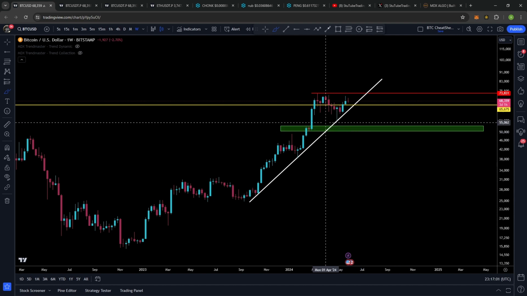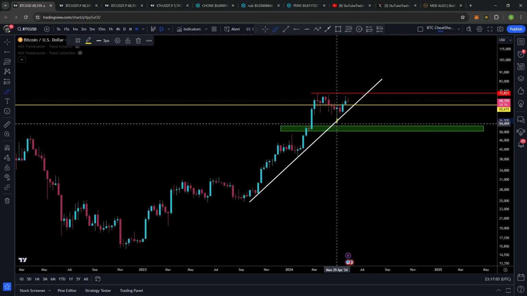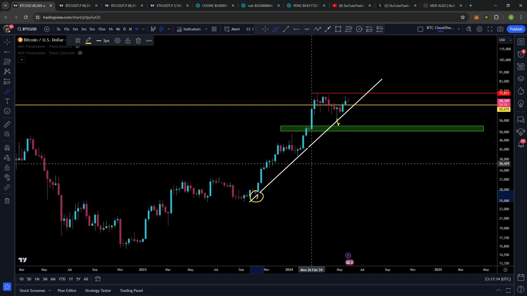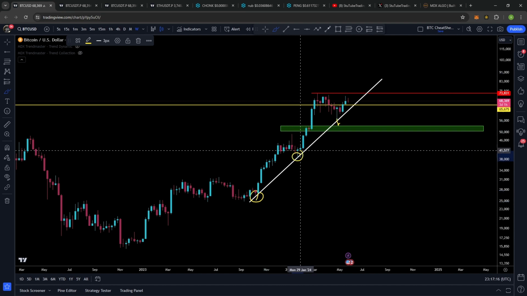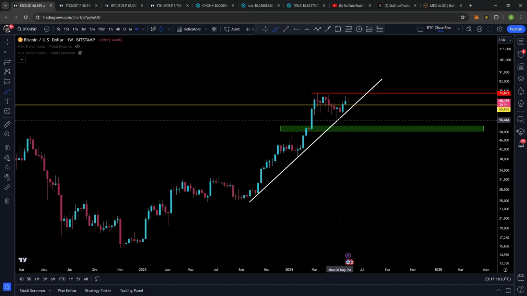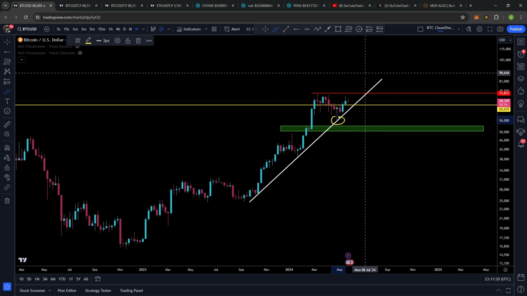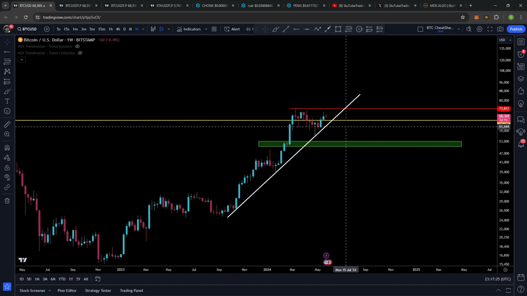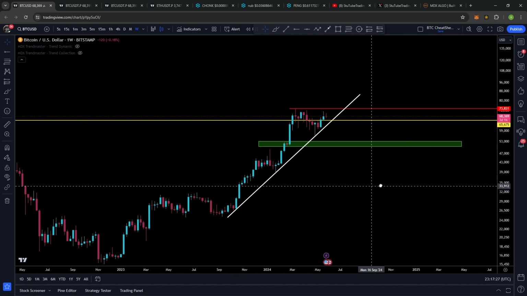If we only have 2 touch points and we come back and test that level, let's say this candle would have come down here like this, I would have heavily considered the fact that it was going to be a fake out just because it's only had 2 touch points before that. There and there, but it ended up holding absolutely perfectly, pinpoint accurate again, 3 touch points along this weekly trend line. So I think there is some validation towards this trend line here.